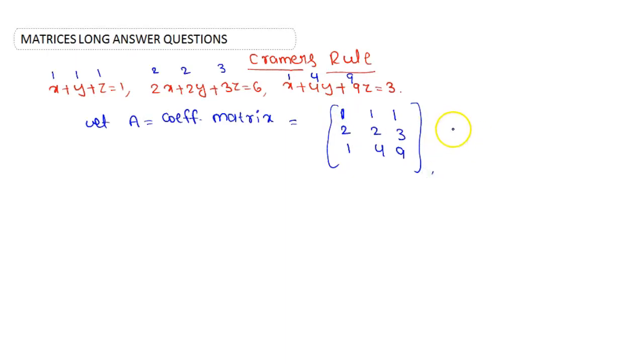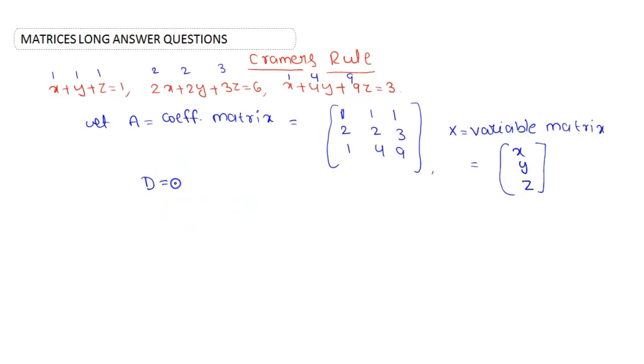And next I am taking capital X. Capital X is the variable matrix. Here how many variables do we have? X, Y, Z. That I am writing column-wise. Next I am taking one more matrix, that is D. D is the constant matrix.